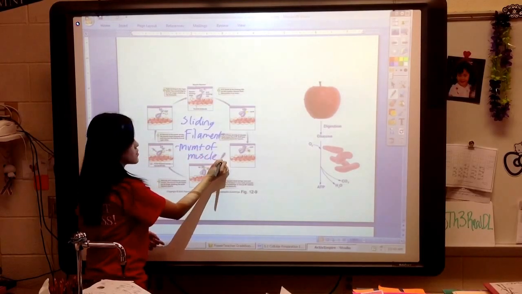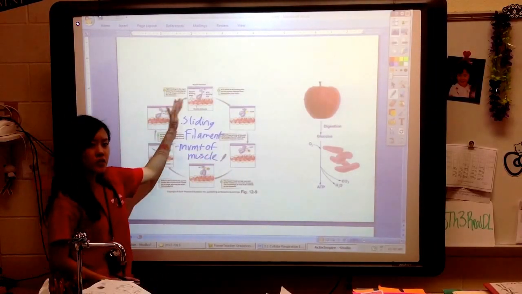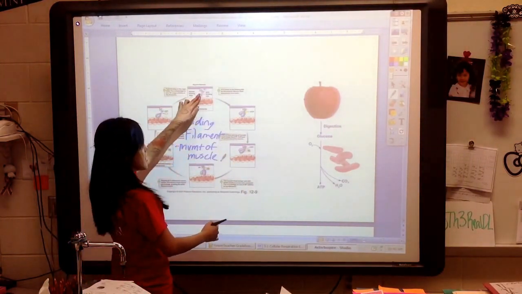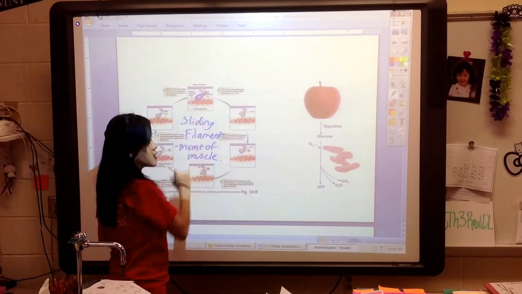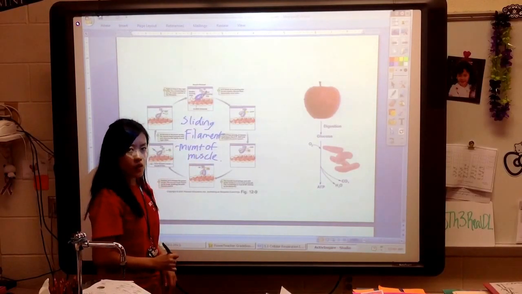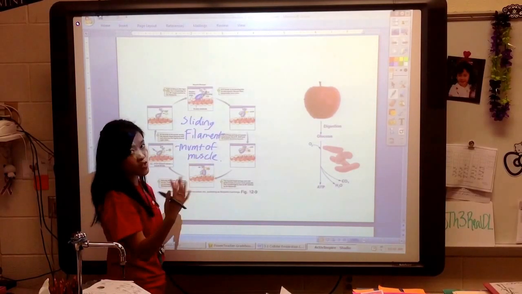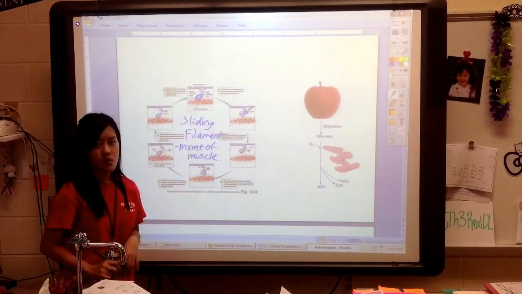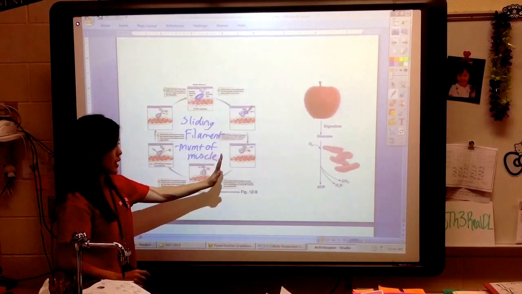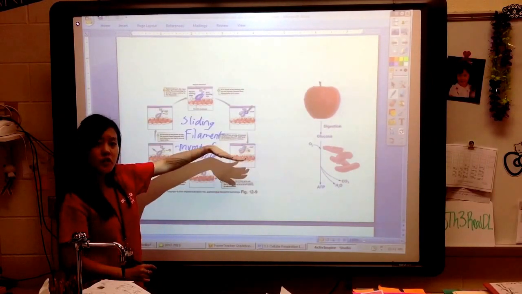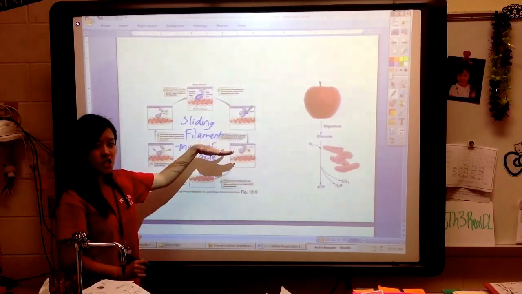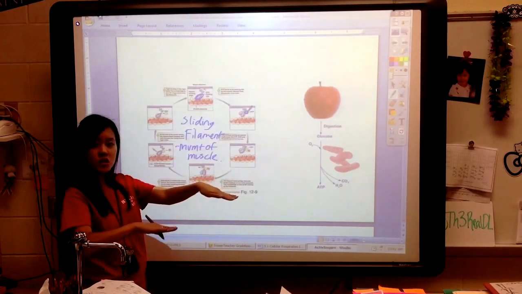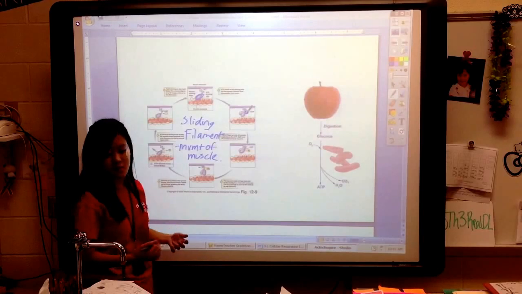How do we move our muscles? What they're showing you in this diagram, even though it's really, really faint, is up here you have this protein. An ATP molecule will bind with the protein. Once it binds with the protein, it causes the protein to shift and have a shape change. And when it does that, it'll actually cause the sliding motion that allows for the movement of your muscles.